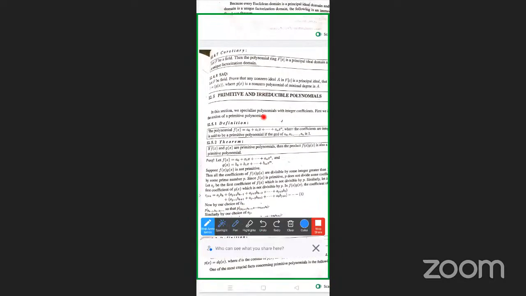Next, primitive polynomial, content of a polynomial, monic polynomials. Here, this is a very important theorem, Eisenstein criterion, for long questions.